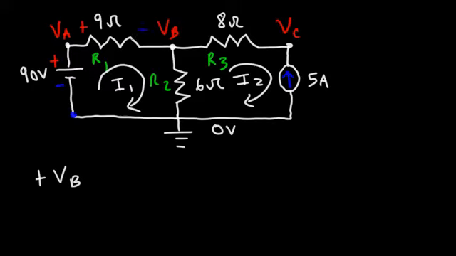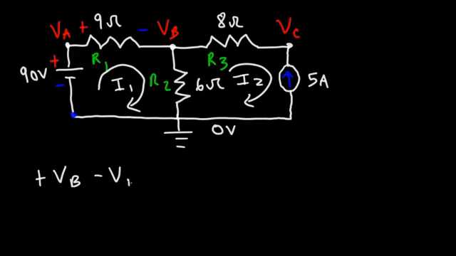Current always flows from a high potential to a low potential, so that's going to be a voltage drop. Resistors tend to be associated with a voltage drop because they consume energy from a circuit, whereas batteries tend to provide energy to the circuit, so typically they're associated with a voltage rise.